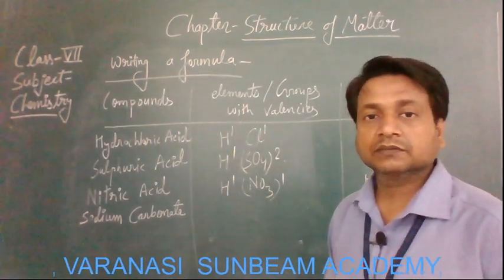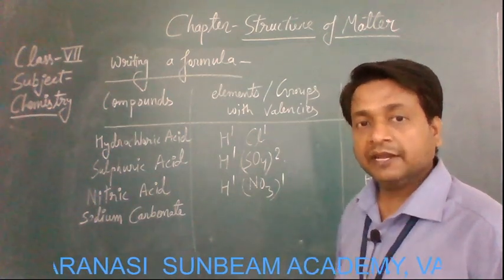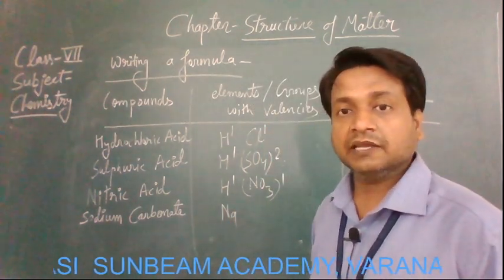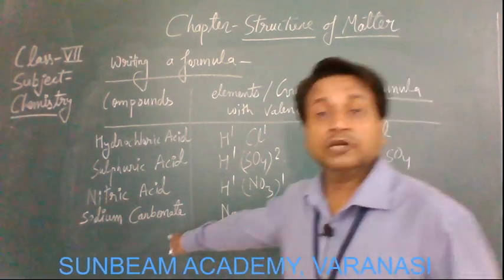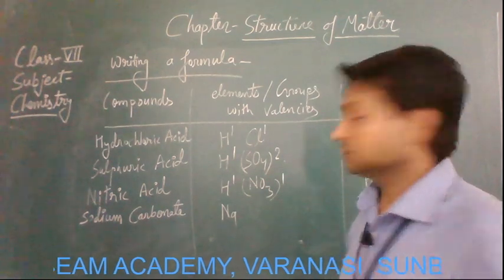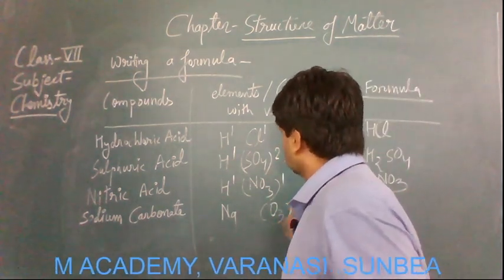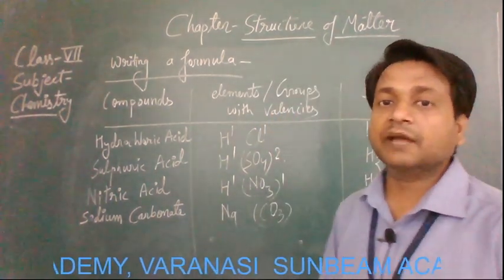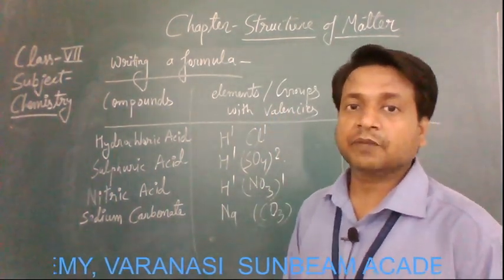Next, sodium carbonate. It has the element sodium. Its symbol is Na. Yes, and the carbonate is a group. Yes, children. And its formula is CO3. That already we have discussed in our previous topic.